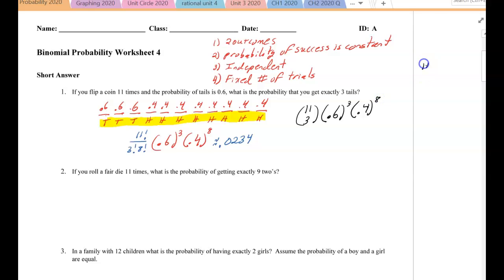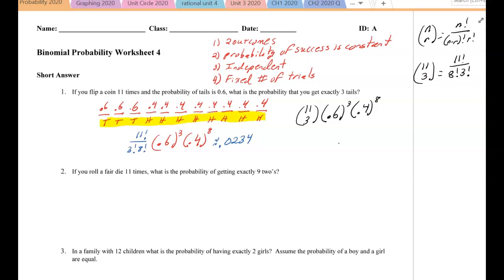Off to the side, the definition of n choose r was n factorial over n minus r factorial, r factorial. So 11 choose 3 is 11 factorial over 8 factorial, 3 factorial. So hopefully that convinces you that the blue number and 11 choose 3 are the same.